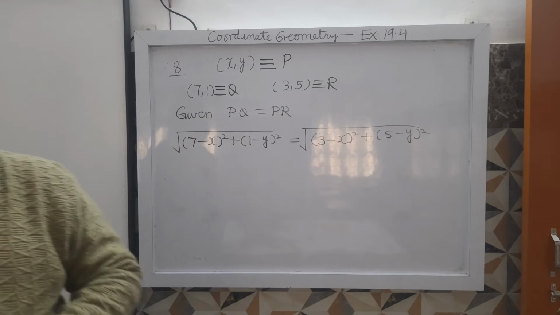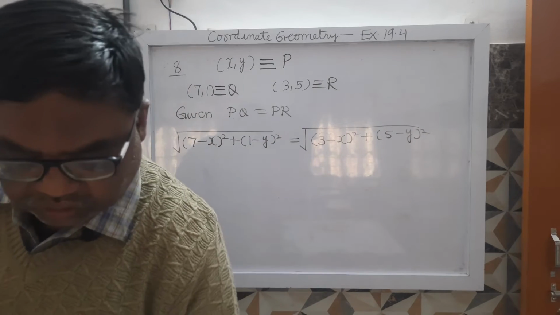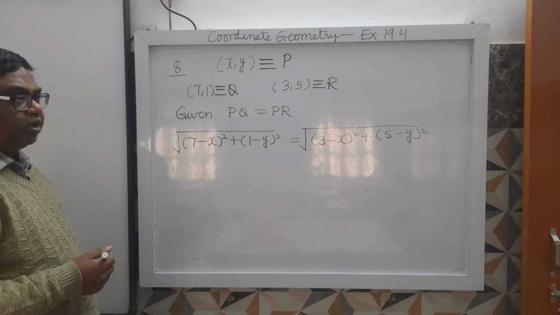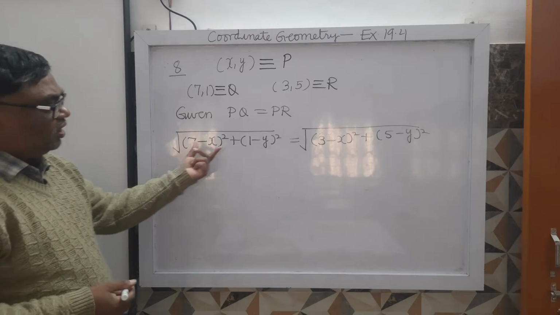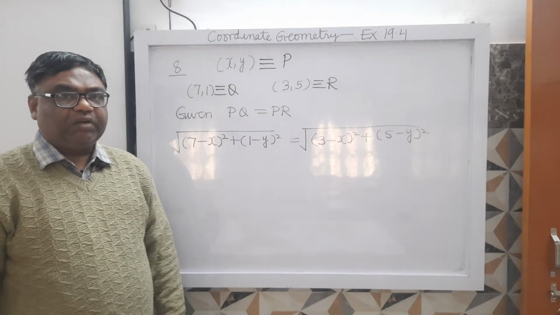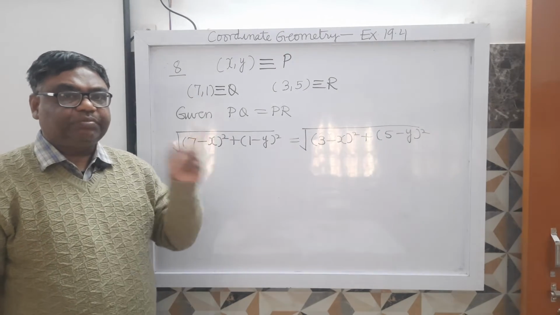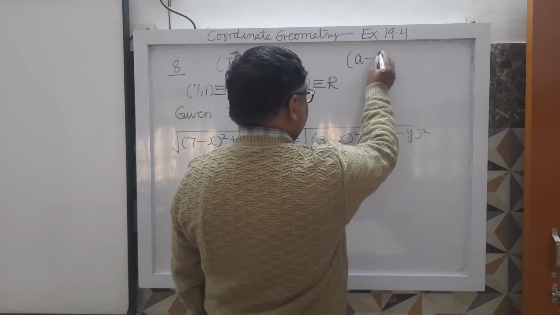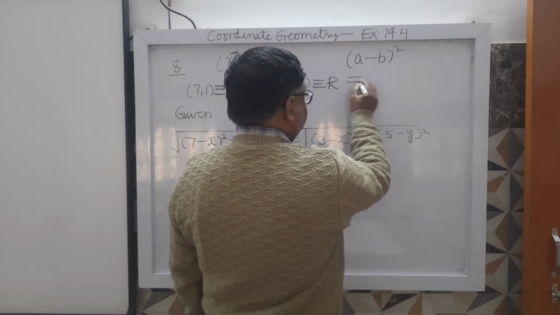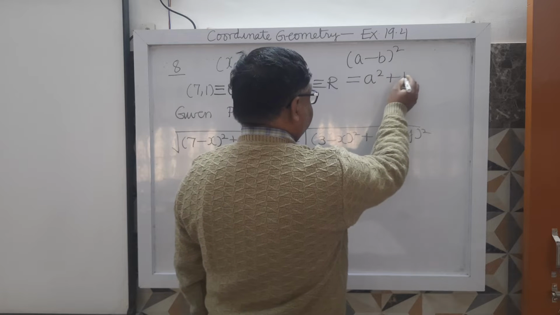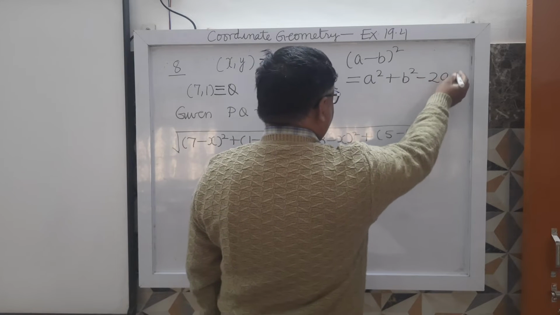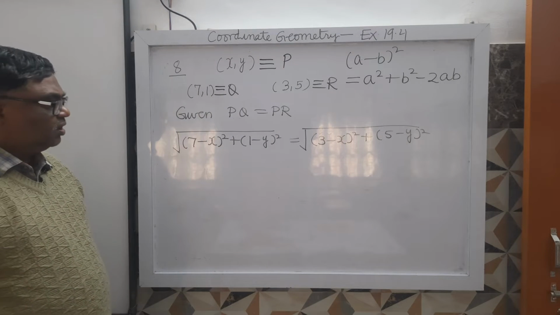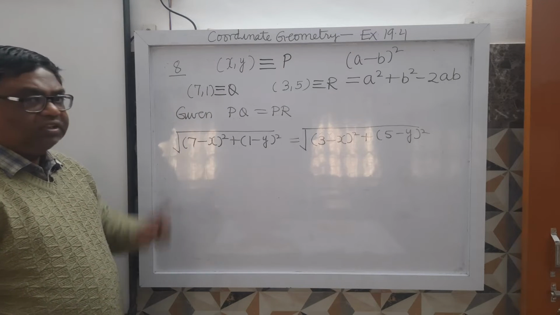Now on squaring both the sides, what will happen? The square root will be removed and then each bracket can be opened by the formula for (a minus b) whole square. What is the formula of (a minus b) whole square? It is a square plus b square minus 2ab. So when you open this, a is 7, b is x.